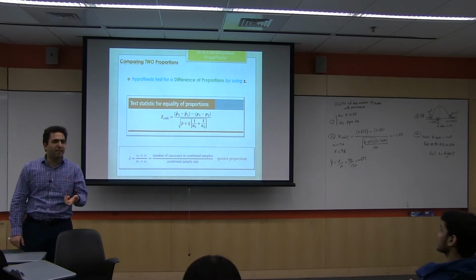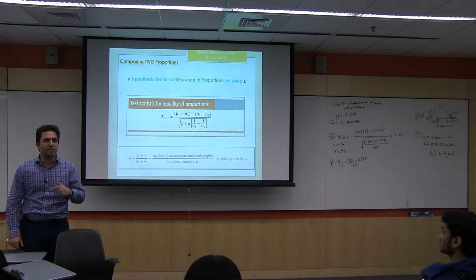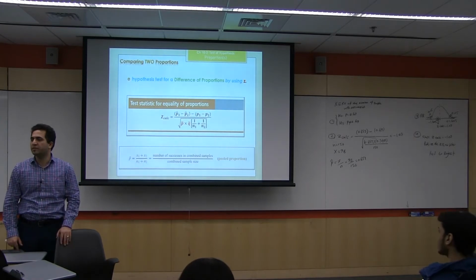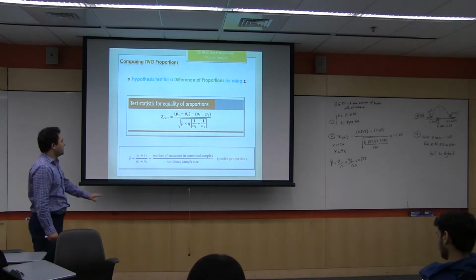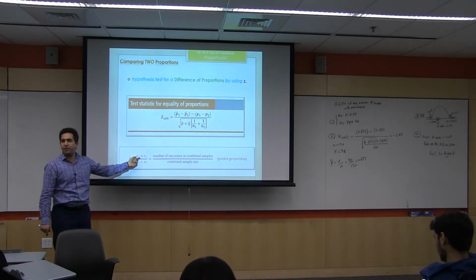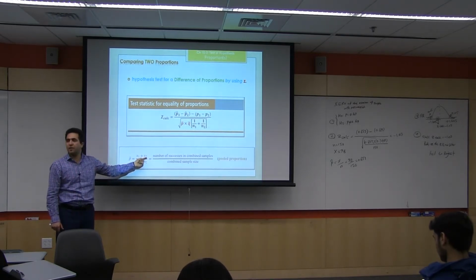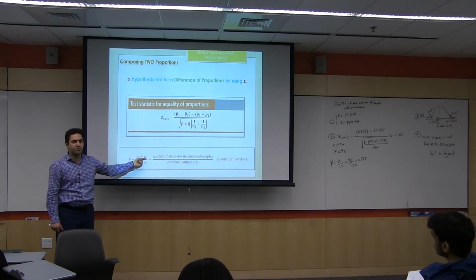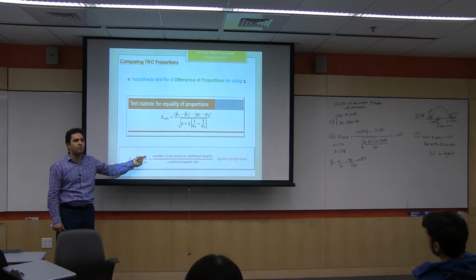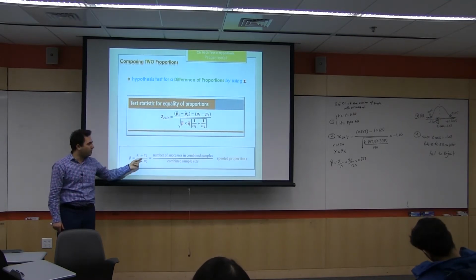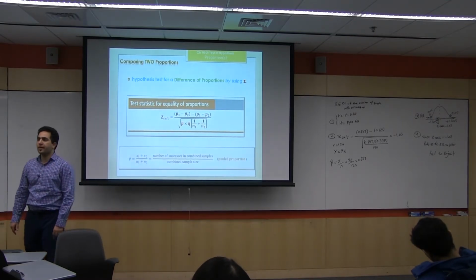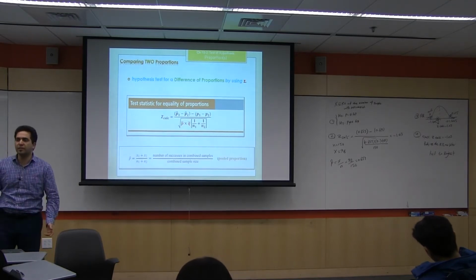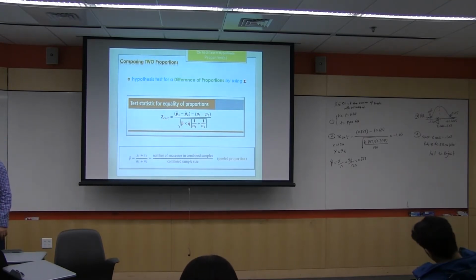It's basically the average rate of success for both samples. P bar is the number of successes from the first sample plus the number of successes from the second sample, the combined number of successes from both samples divided by the combined sample size. And 1 minus p bar is q bar.